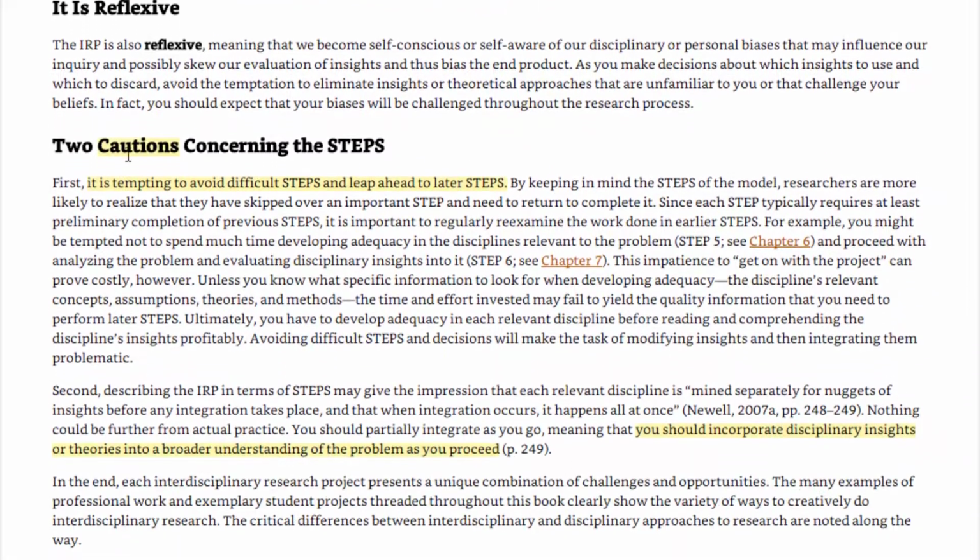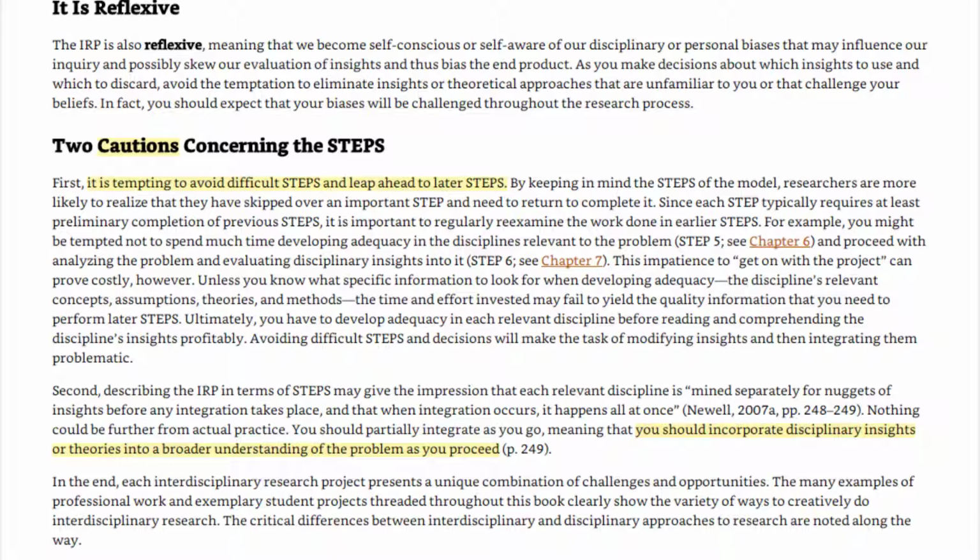Then there are 2 cautions down here concerning the steps. The first caution is that some people want to avoid the difficult steps and jump to the later steps. And the authors say, don't do it. If you're at a difficult step, tackle the difficult step. I think that's great advice. If you need to go back to your textbook, if you need to do some more reading, studying, whatever, do it.